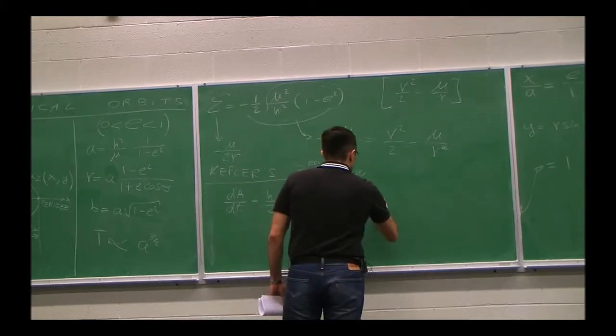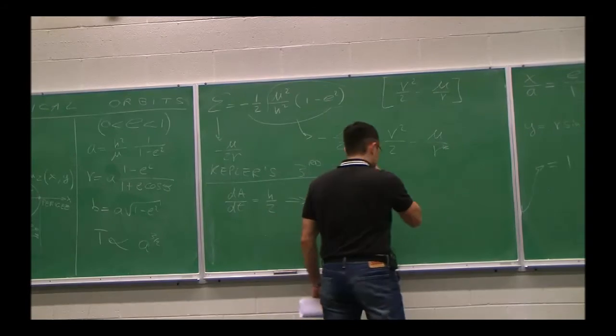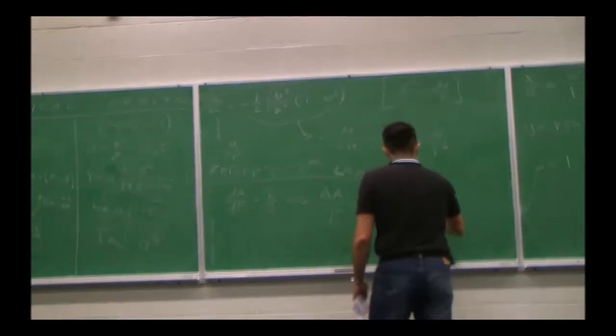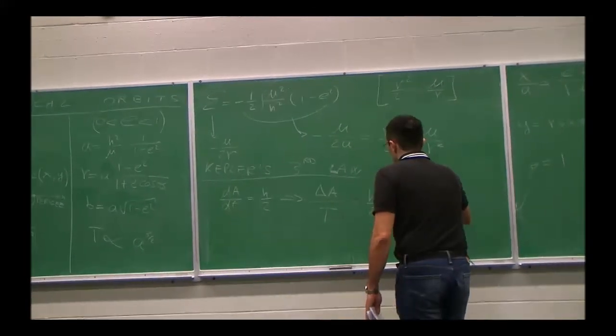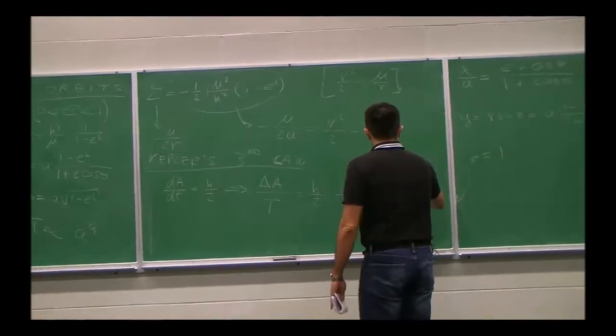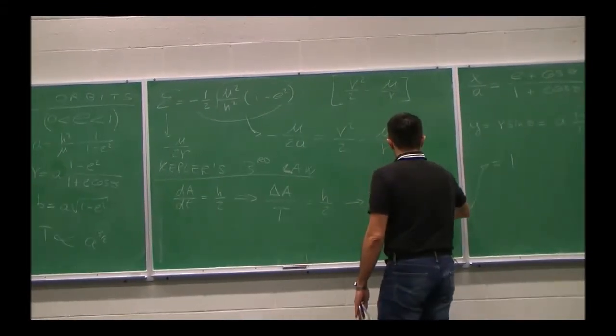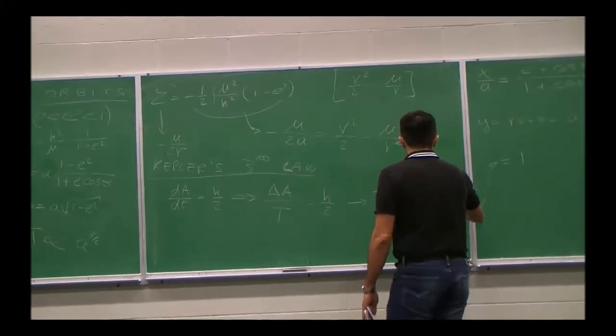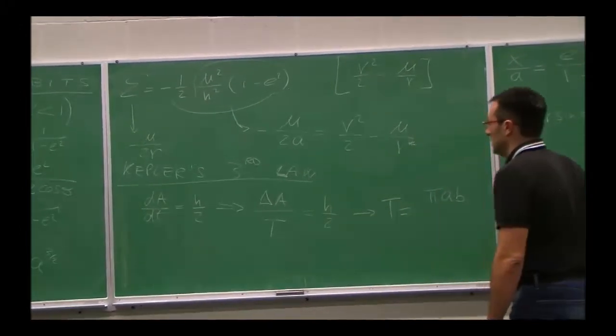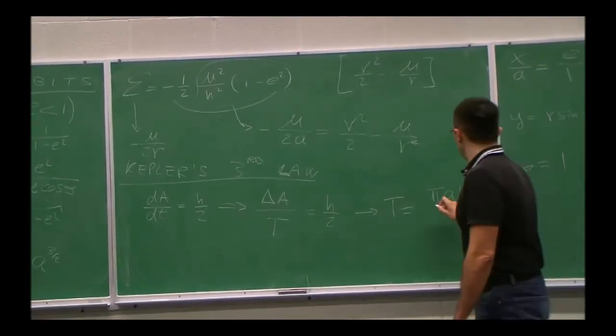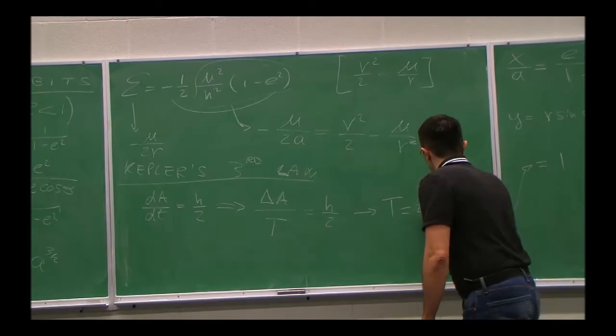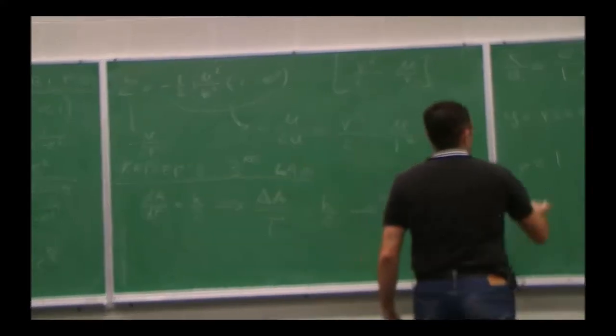This is going to be equal to h over 2, which means that my period, T, the orbital period, is delta A, which, by the way, trust me, for an ellipse is pi a b. I had to look it up. It's over h, and there is a 2.